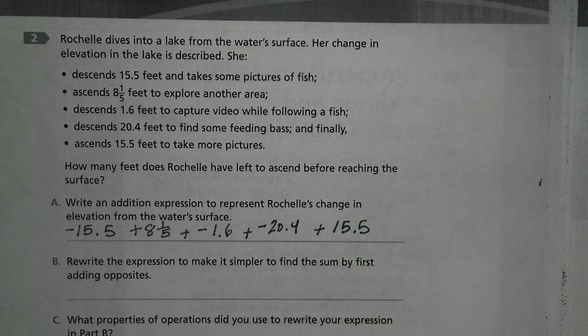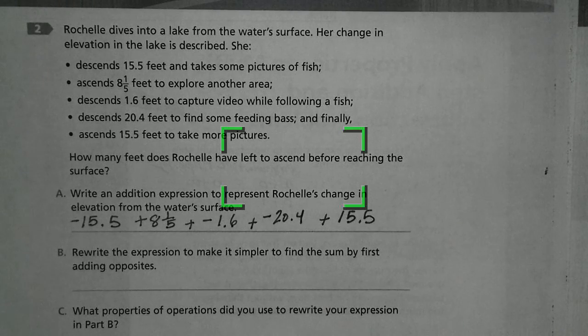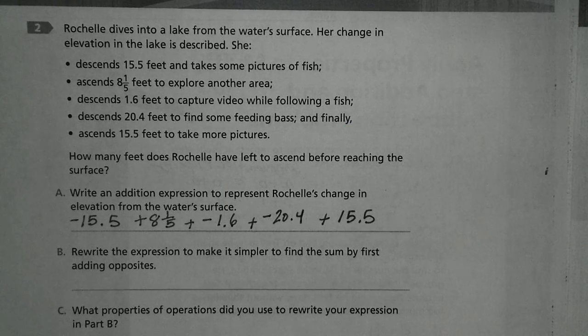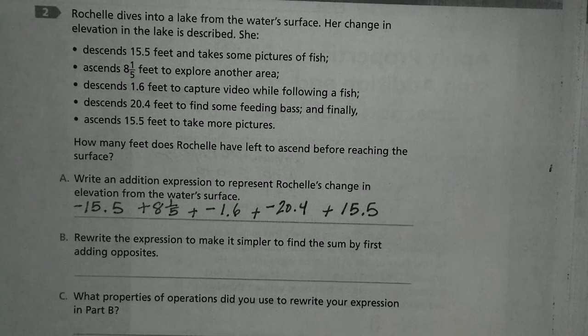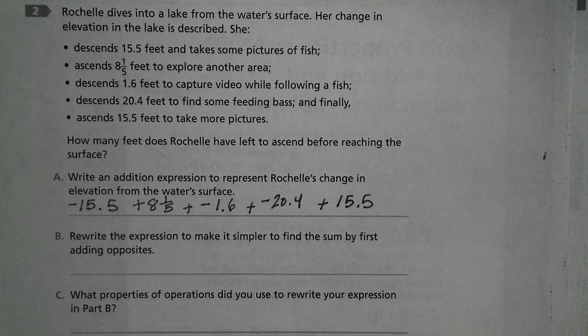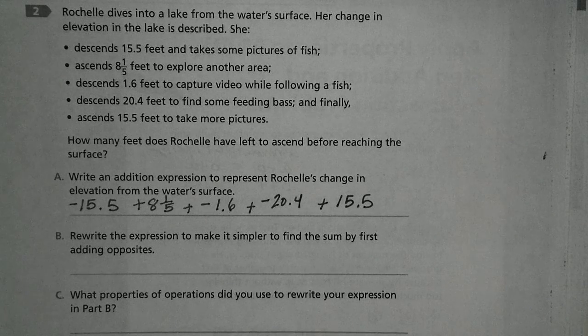Alright, so rewrite the expression to make it simpler to find the sum by first adding opposites. So what two numbers are opposites? 15.5 and negative 15.5.